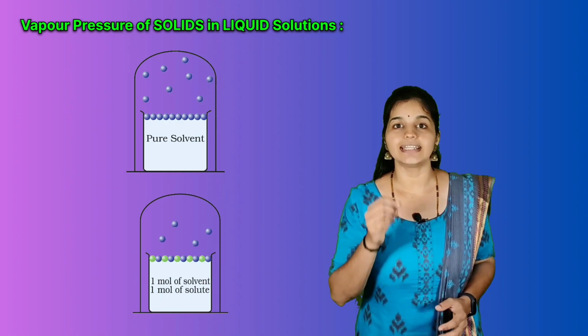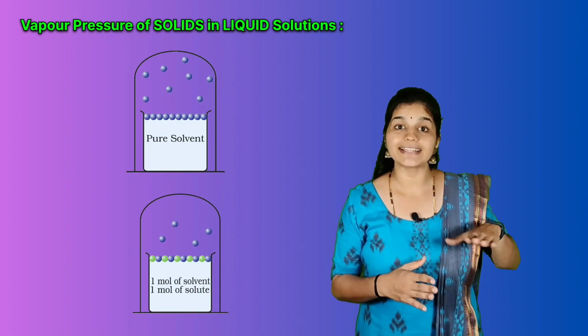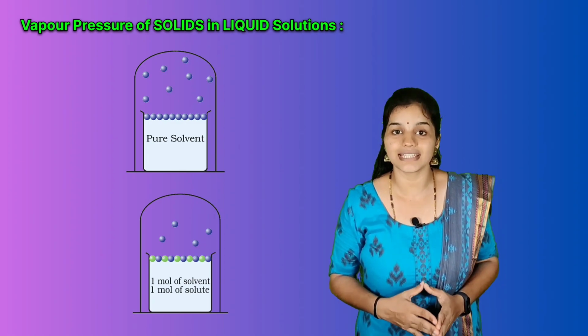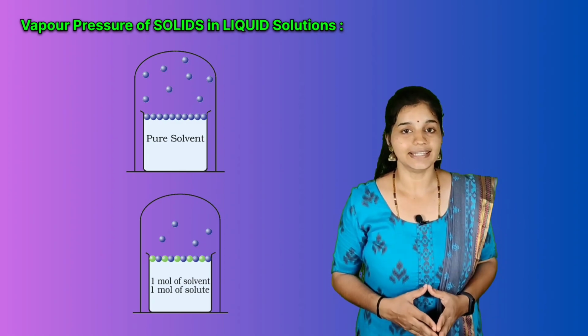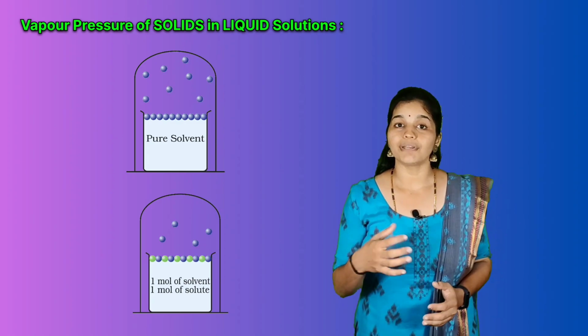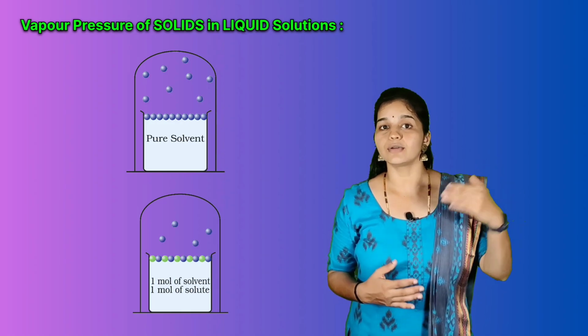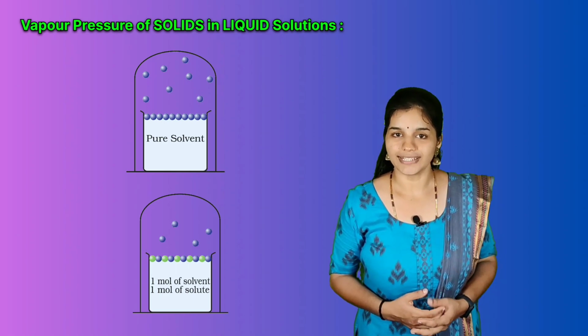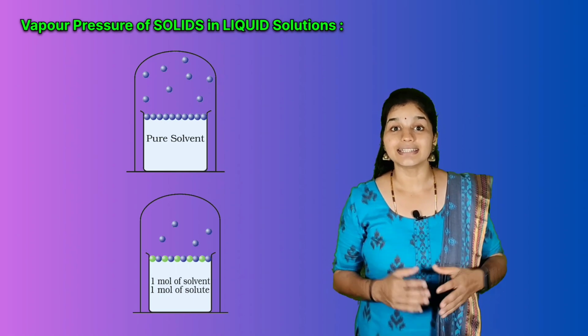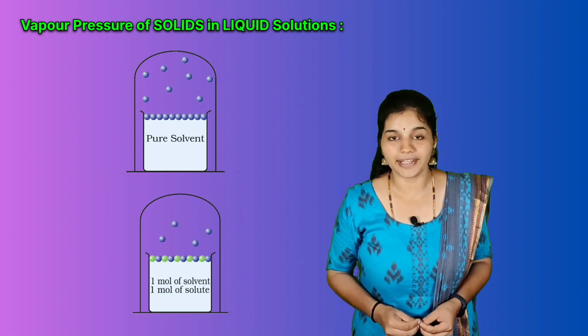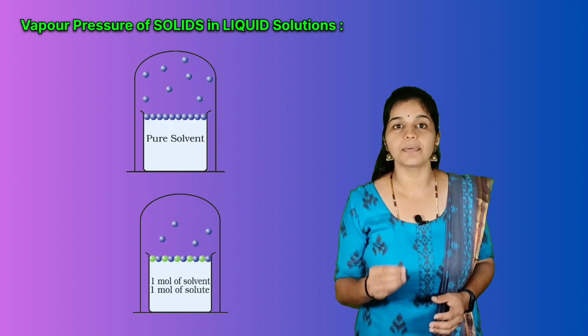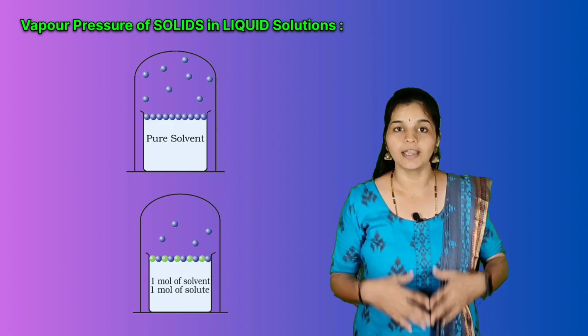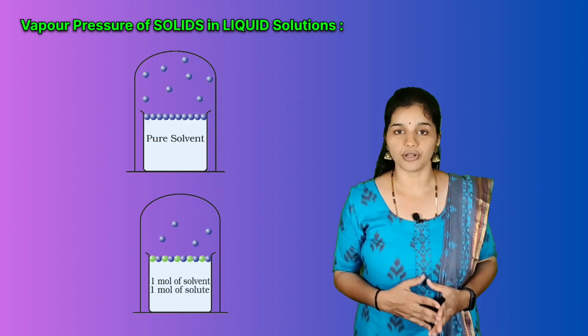As a result, the number of solvent molecules escaping from the surface is correspondingly reduced. When a smaller number of solvent molecules undergo evaporation, obviously the vapor pressure is also reduced.